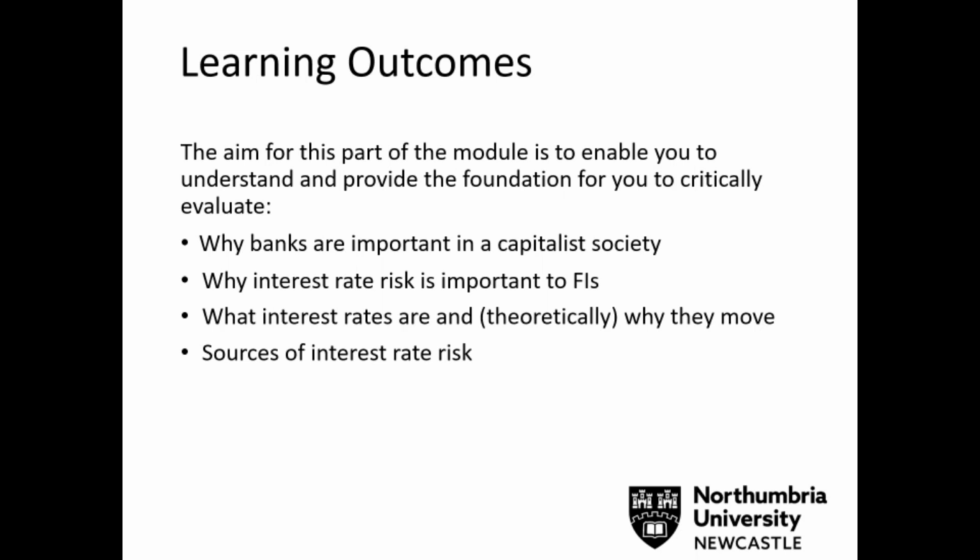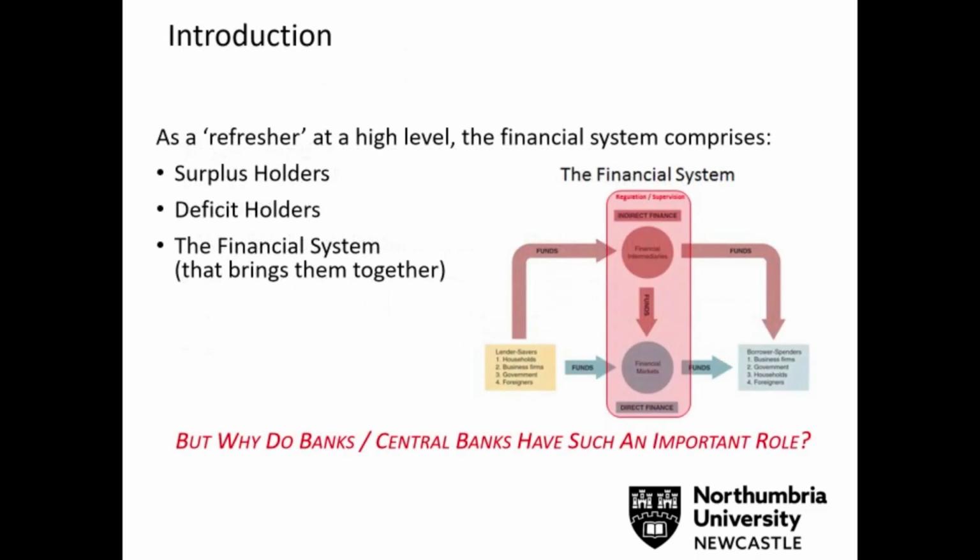As part of this, we're going to explore why interest rates change and the theories behind why the yield curve and term structure changes. And then we will end by explaining the various regulatory definitions of the sources of interest rate risk within financial institutions. So let's start by explaining why the banks are important in a capitalist society.